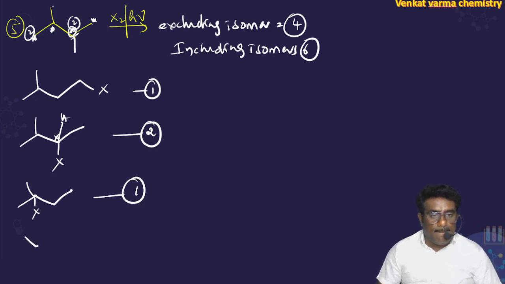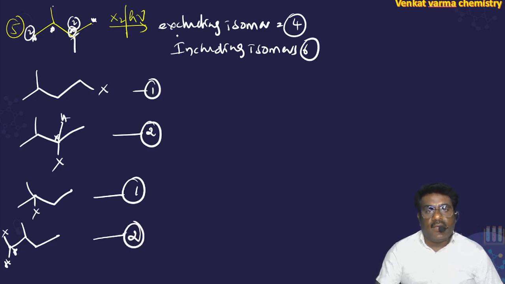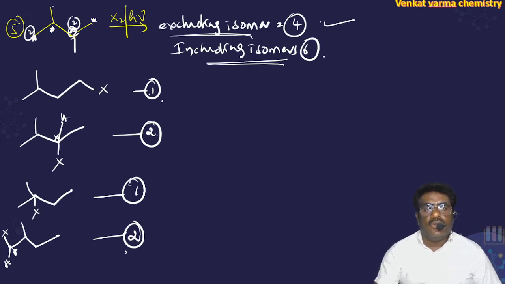Again the next one, adding halogen, it has 1 chiral center, so it gives 2 products. The total excluding is 4: 1, 2, 3, 4. So including stereoisomers are 6. So here possible 2, 2 plus 2, 4, 5, 6. Possible excluding isomers are 4, including isomers are 6.